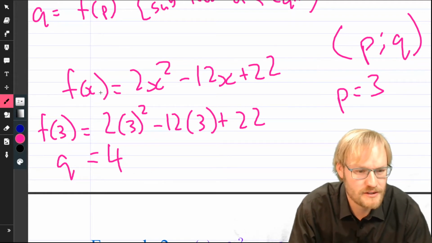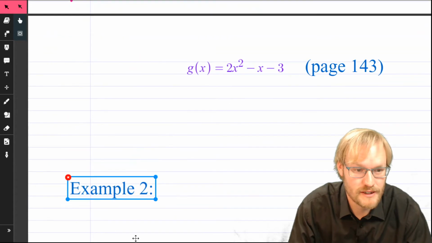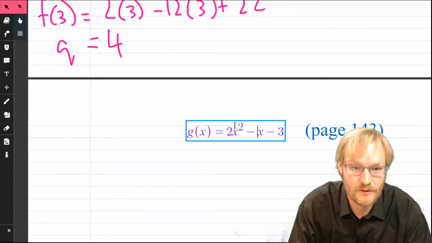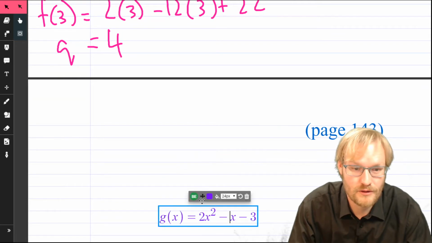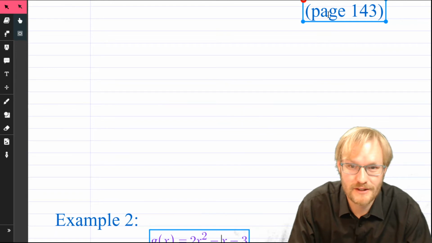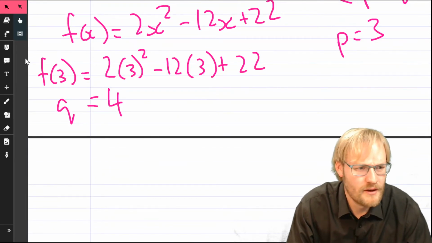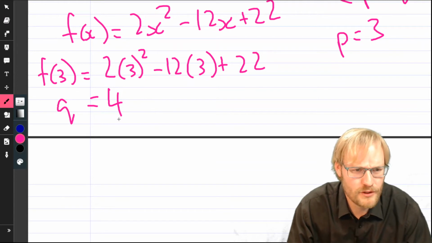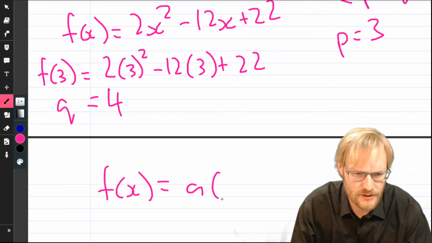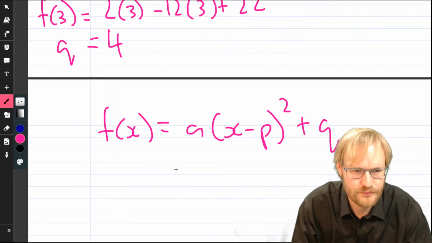So we worked out p and q, so now f of x equals, remember it was a times x minus p squared plus q.